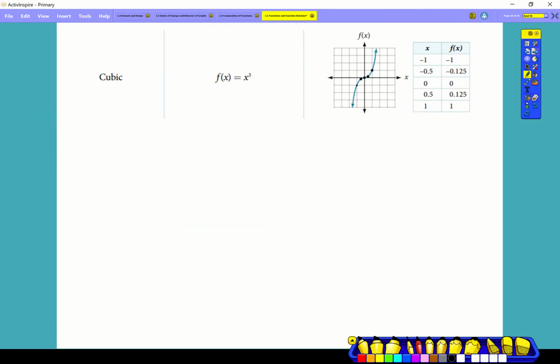Now let's have a look at a cubic function. This is like an S-shaped function. This one can take in negative values and return negative values.